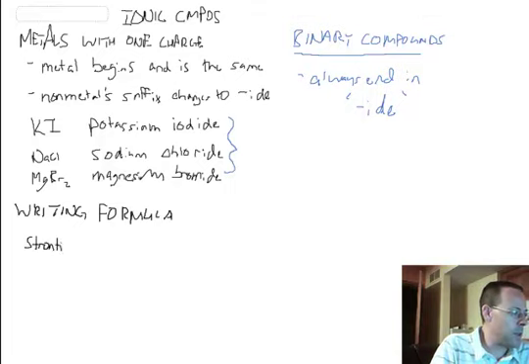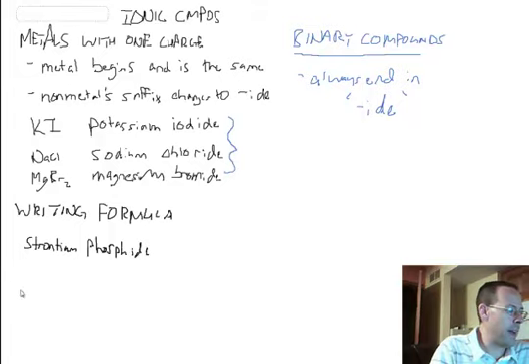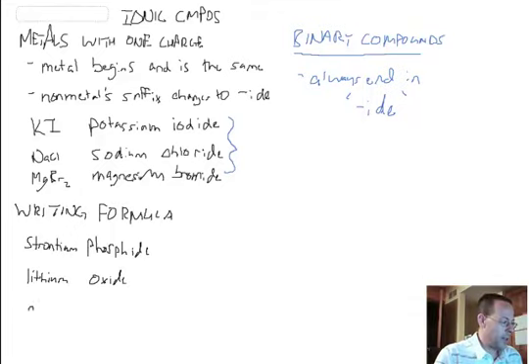Strontium. I'll do something kind of funky. This probably doesn't actually exist, but it's nice practice. We'll probably do that one last. And let's do lithium oxide. The last one we're going to do is calcium sulfide.